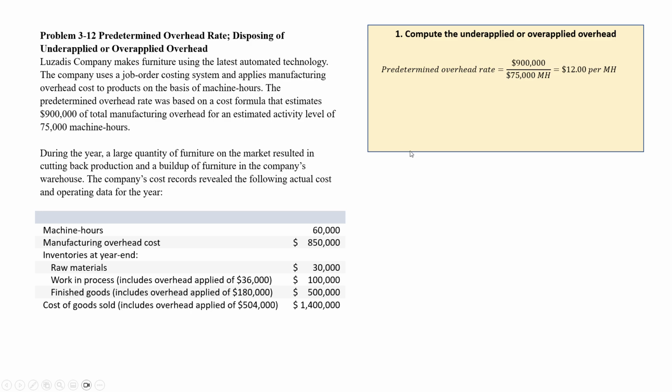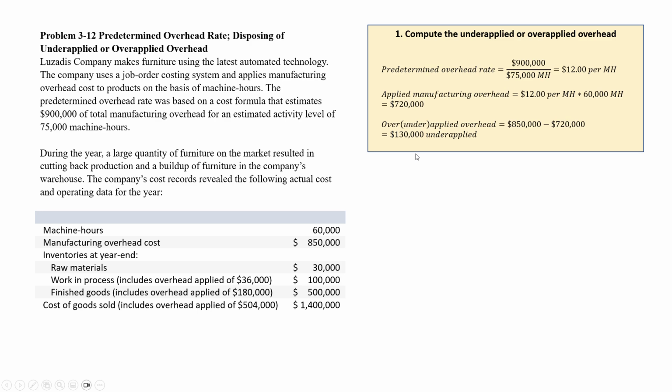Predetermined overhead rate, estimated overhead of 900,000 divided by 75,000 machine hours means we're going to apply overhead at $12 per machine hour. Now that we know it's $12 per machine hour, let's multiply that times the actual number of machine hours that we encounter for the period, which is 60,000, meaning we're going to apply $720,000 of overhead during that particular year.